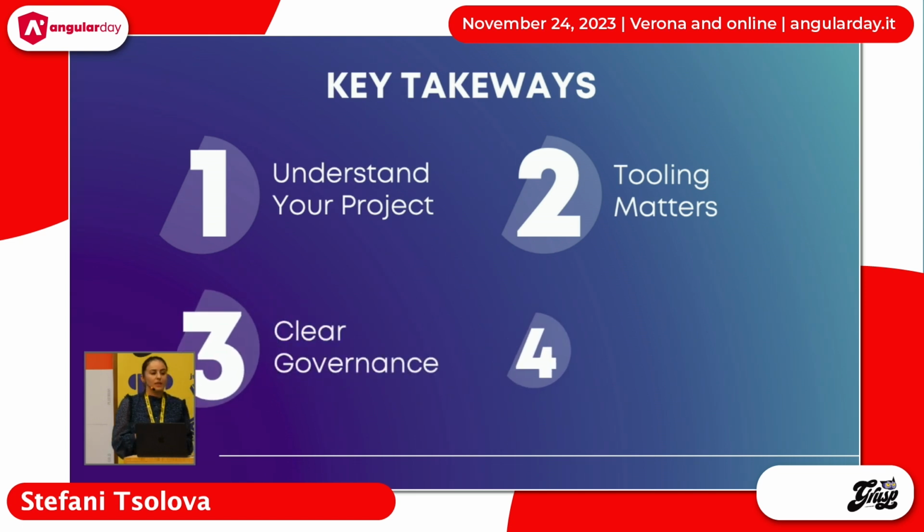Another really important thing is having your processes governed so that you can control the chaos, and the people on your team know what this is about and how they should do it.